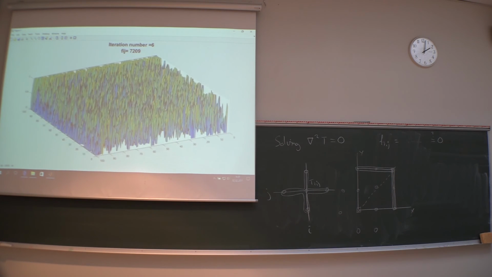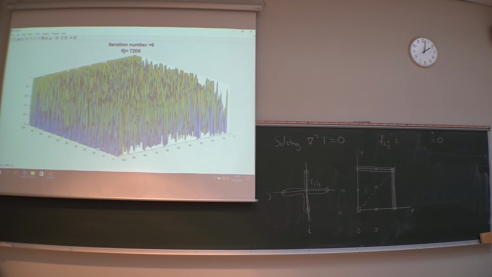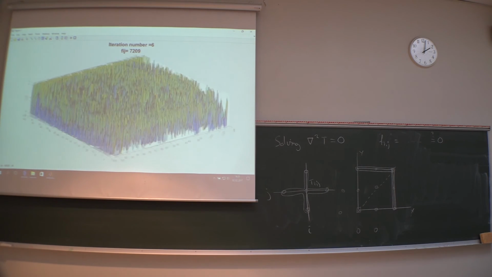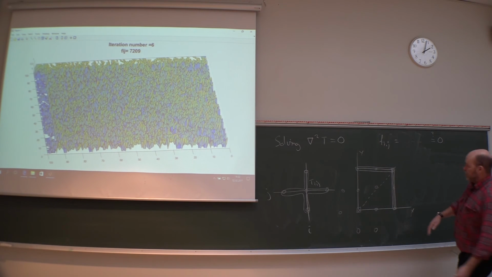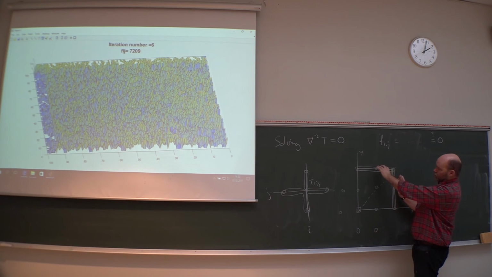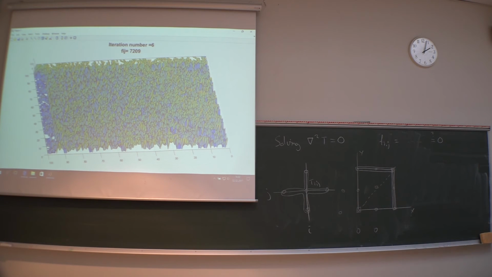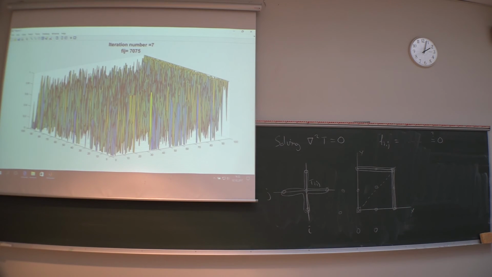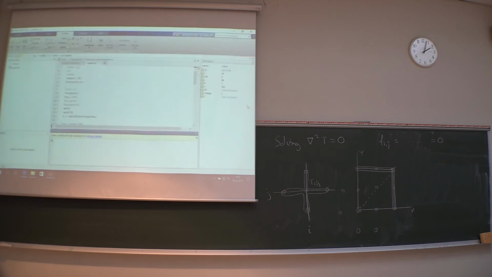Not so easy to see that he has done anything sensible at all, but actually he has. But he does it from the two phases where we have a constant temperature, and then the solution will spread out more into the inner domain.